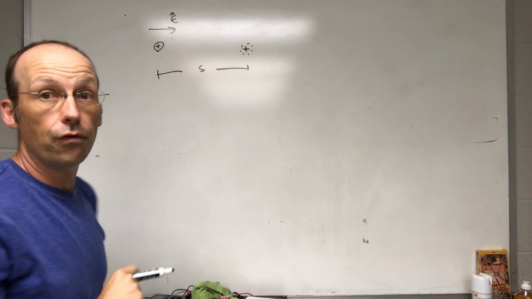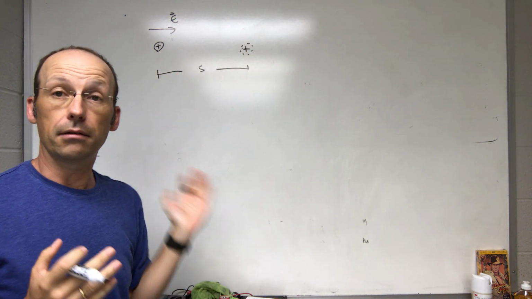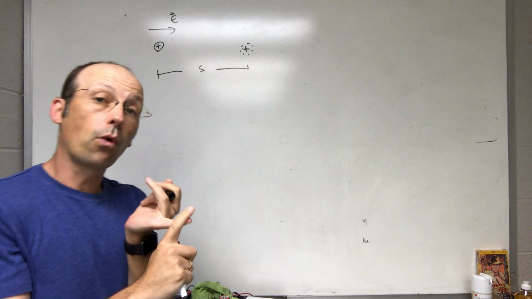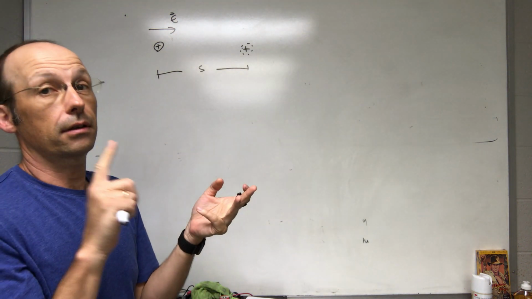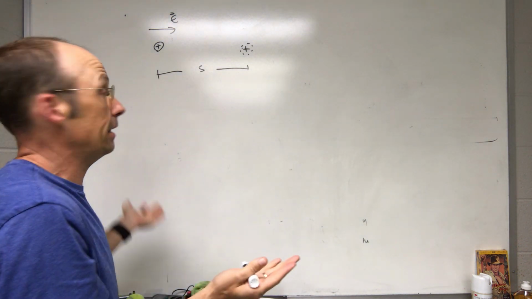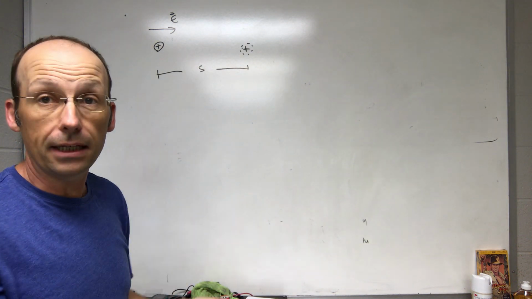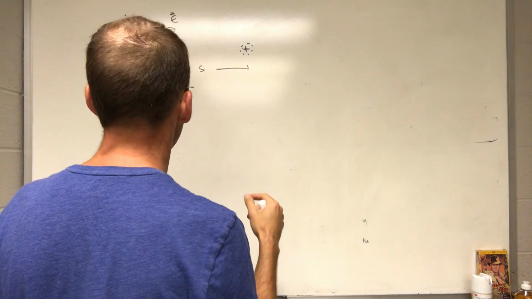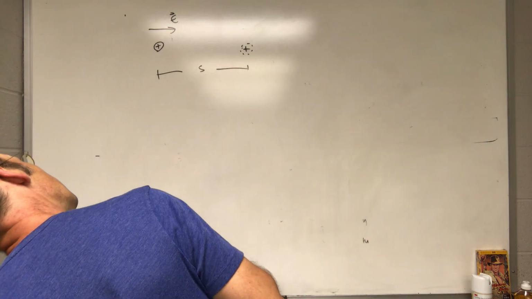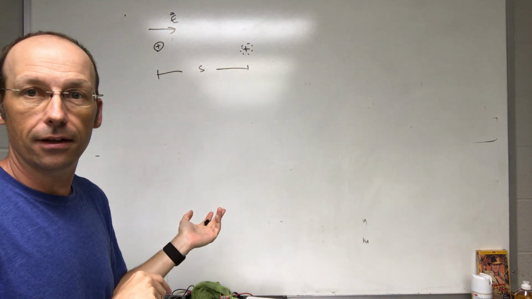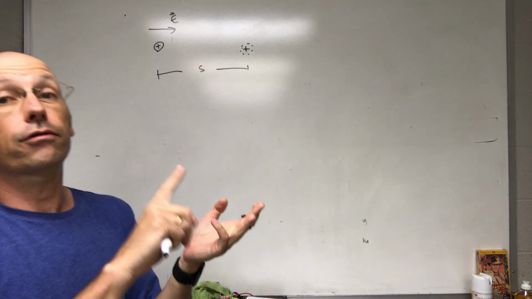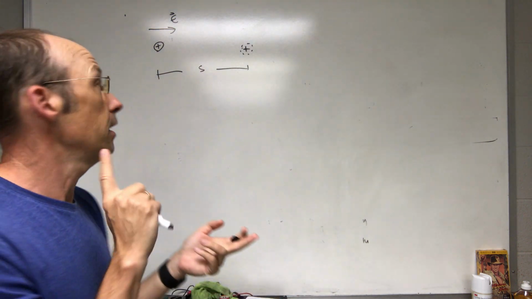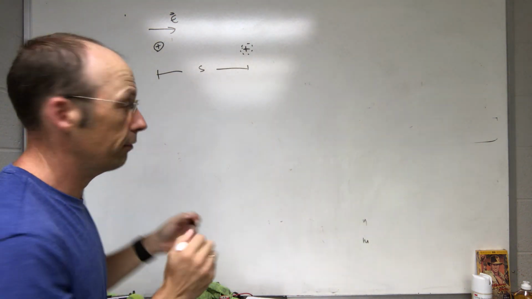I'm going to let it move in this constant electric field and it will speed up. It has a constant force on it, so it's going to keep speeding up, and I could calculate how fast it's going using the same ideas as before. In fact, if you turn your head, it's the same problem that we just did. It just uses the electric field and electric charge instead of the gravitational field and the mass.